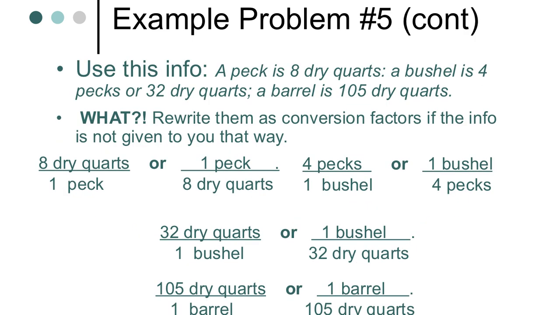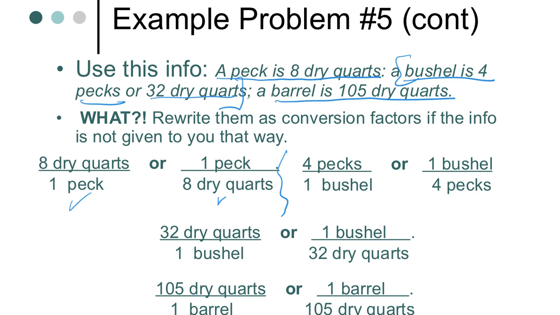Okay, so they should have put this all together so we wouldn't freak out. A peck is 8 quarts. A bushel is 4 pecks. Or a bushel is 32 dry quarts. A barrel is 105 dry quarts. Okay, so they wrote for us all the different conversion factors.